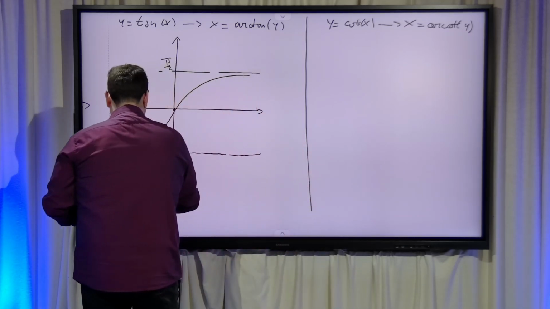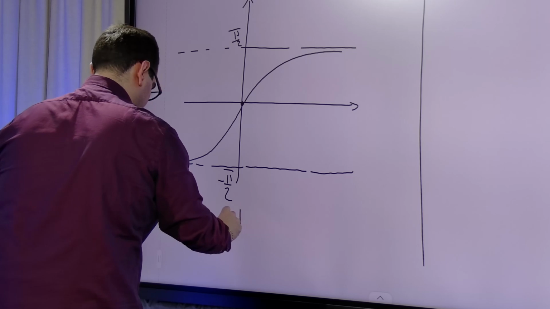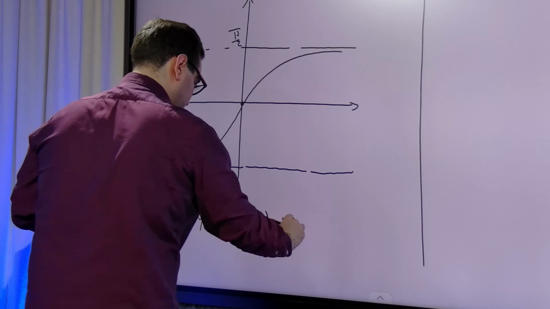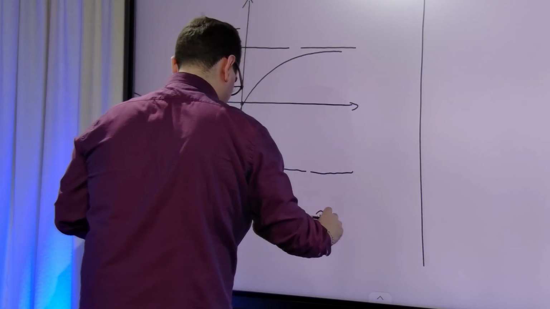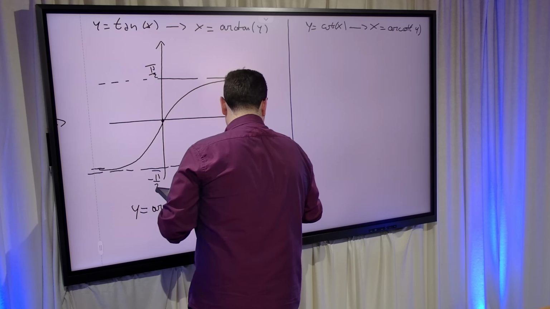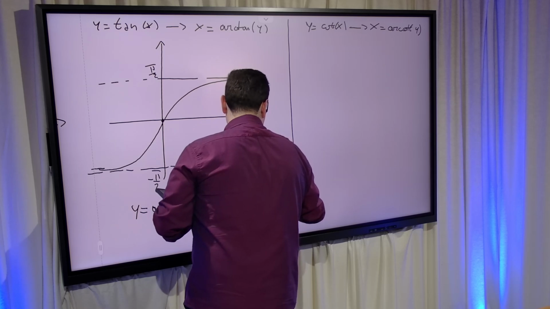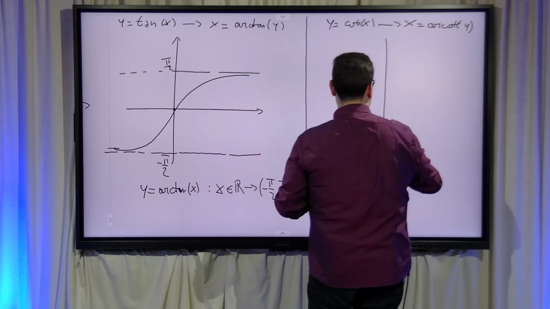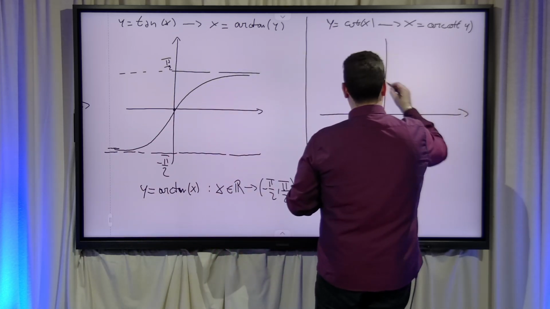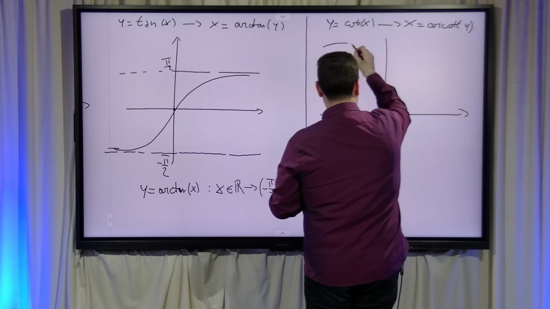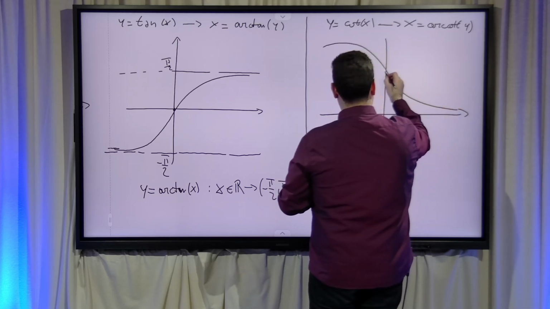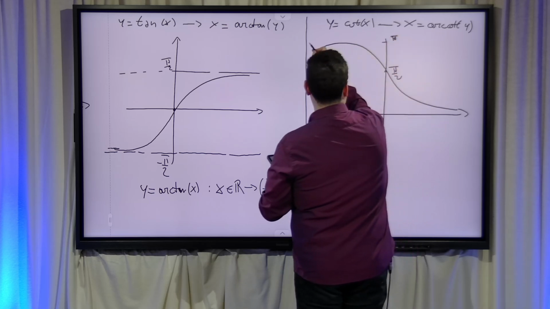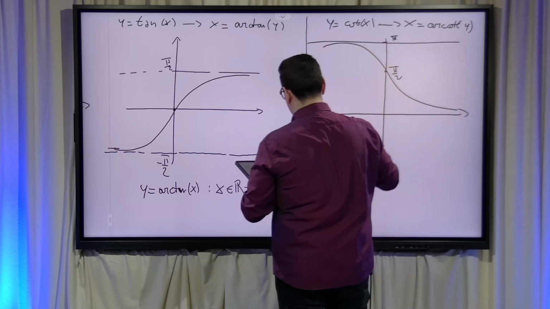So I'm going to write right here the domain and the codomain of this function, and the same for the arc cotangent, where here I have half pi, I have pi here, an asymptote in pi.